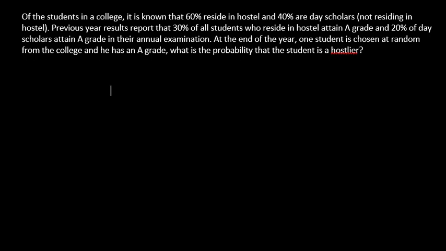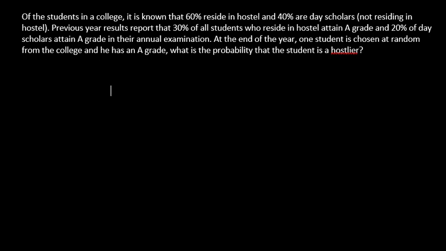Previous year's result reports that 30% of the students who reside in hostel attain an A grade and 20% of the day scholars attain an A grade in the annual examination. At the end of the year, one student is chosen at random from the college and he has an A grade. We know that he got an A grade. What is the probability that the student is a hostelier?